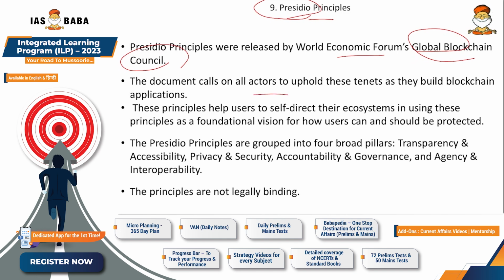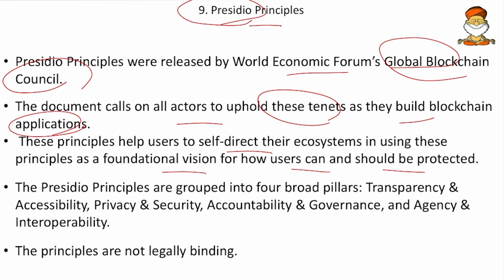And then the document calls on all actors to uphold these tenets as they build blockchain applications. And these principles help users to self-direct their ecosystems in using these principles as foundational vision for how users can and should be protected. So it is mainly for the protection of the users of blockchain technology, and the Presidio principles are grouped into 4 pillars, that is transparency and accessibility, then privacy and security, then accountability and governance, and agency and interoperability.